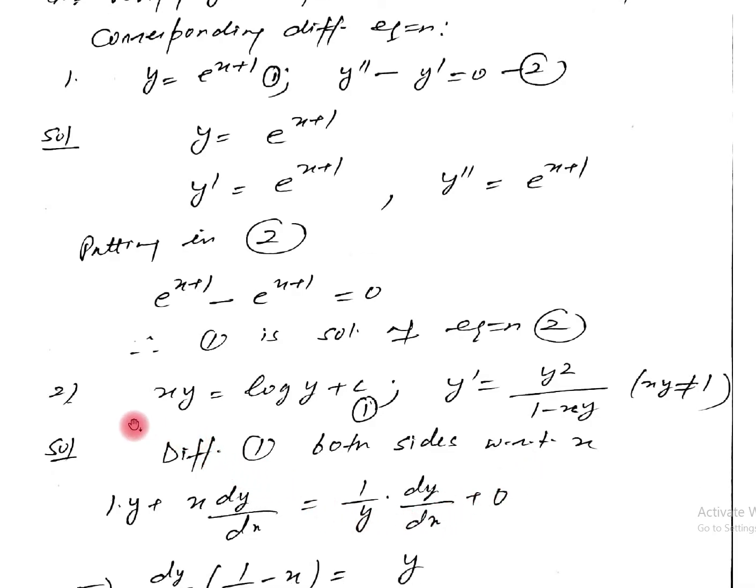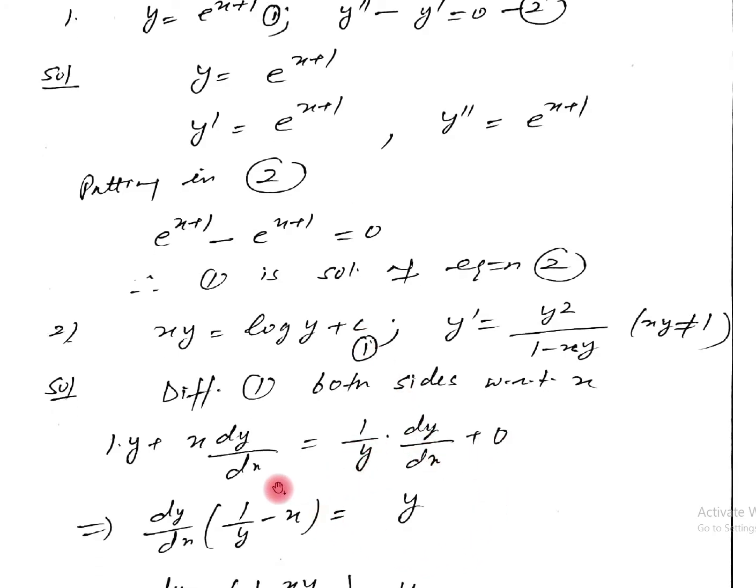Now when we differentiate x into y, the derivative of x is 1, second function as it is, plus x as it is, derivative of y, dy by dx, is equal to the derivative of log y, which is 1 upon y dy by dx, and the derivative of c is 0.